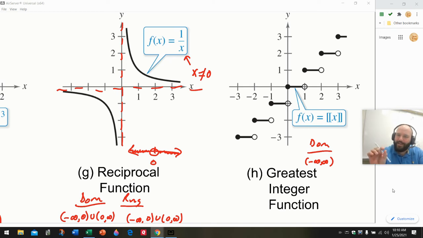It's taking the greatest whole part of a number out. So what that translates to is you only get integers as the output. You can see the y value would be -3, -2, -1, 0, 1, 2, 3. So you're only getting integers as the output.